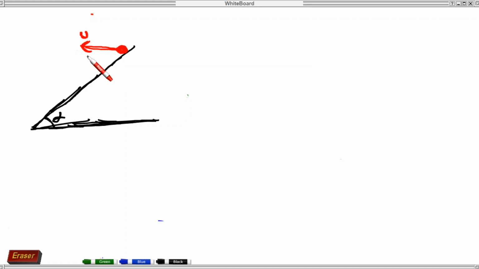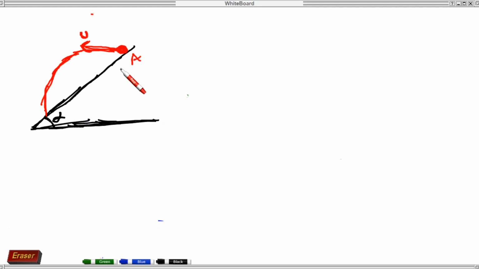It's not parallel, but our projectile path will be like this.